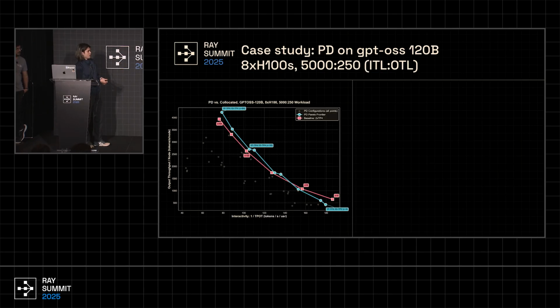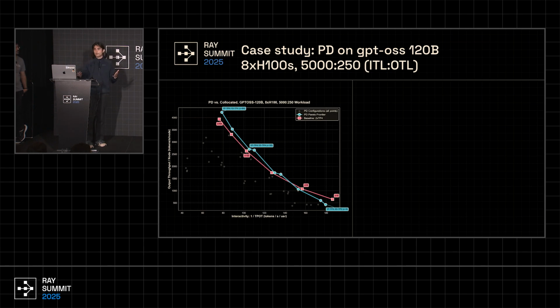And so basically what the graph shows is that the Pareto frontier for disaggregated serving can offer higher throughput and better interactivity at higher batch sizes. But for this particular workload, you might be taking a hit at lower concurrencies compared to a 2x TP4 replica.